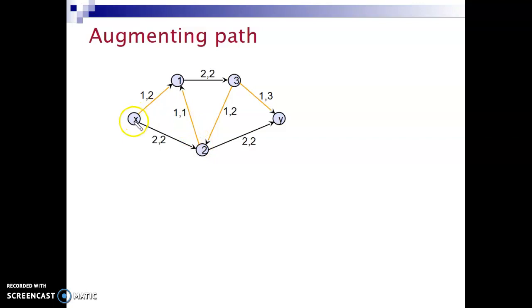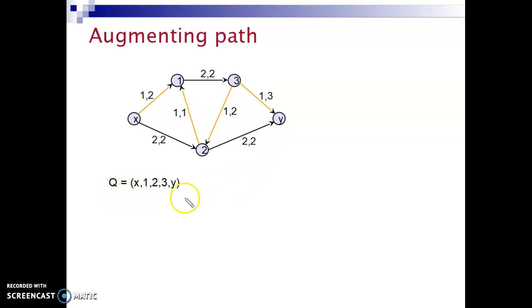Now we are taking the path from X to 1 to 2 to 3 to Y. You can see that I am traversing some of the edges in the opposite direction, and these are reverse edges. Reverse edges are (2, 1) and (3, 2), and forward edges are (X, 1) and (3, Y).